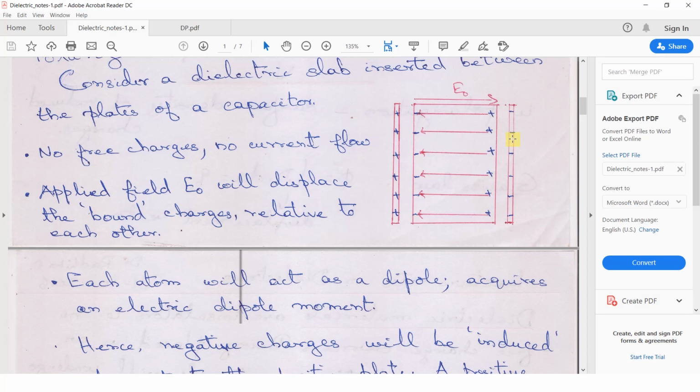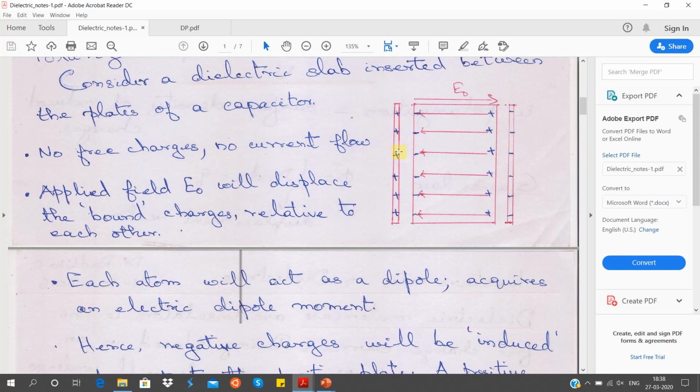Now imagine the first case where you only have the parallel plates of a capacitor. That's what you have already seen earlier in your PU classes or your 12th standard. In that case, the medium in between was just air.